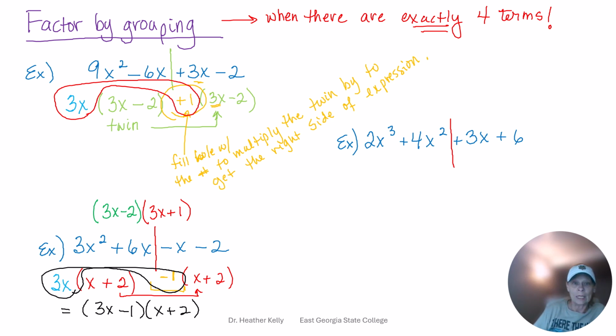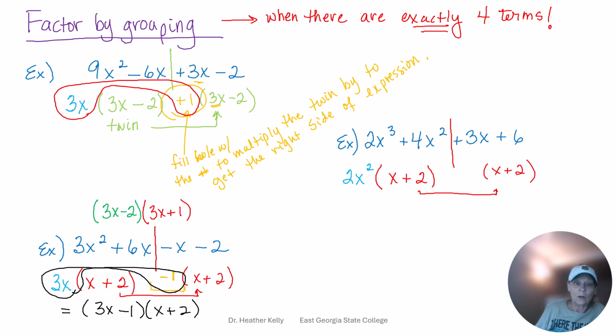Okay, what can we take out here? We can take a 2 and an x squared out. You want to take the greatest common factor. If you do not take the greatest common factor out, then this trick does not work. So if we take a 2x squared out of here, we're left with x. If we take a 2x squared out of 4x squared, we're left with a plus 2. That's my twin. I'm going to write it down again.